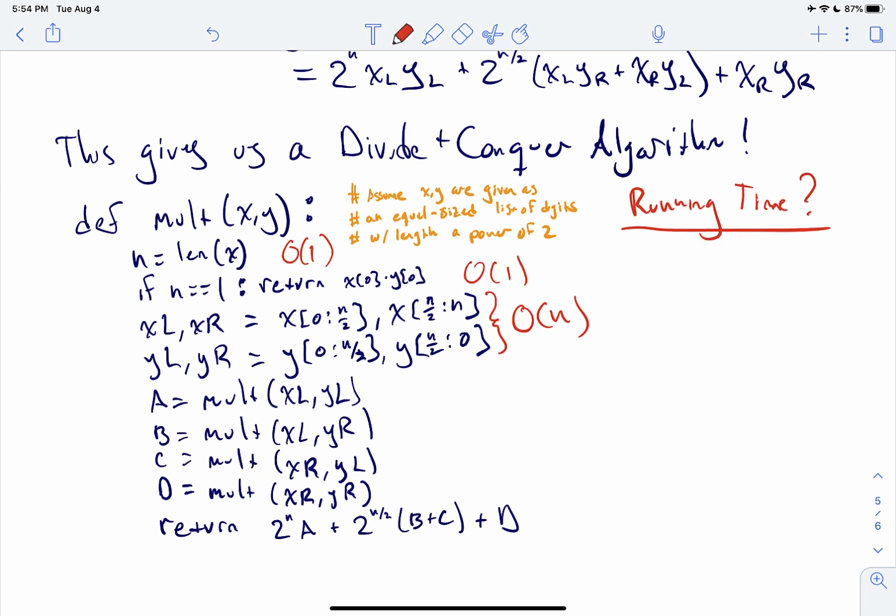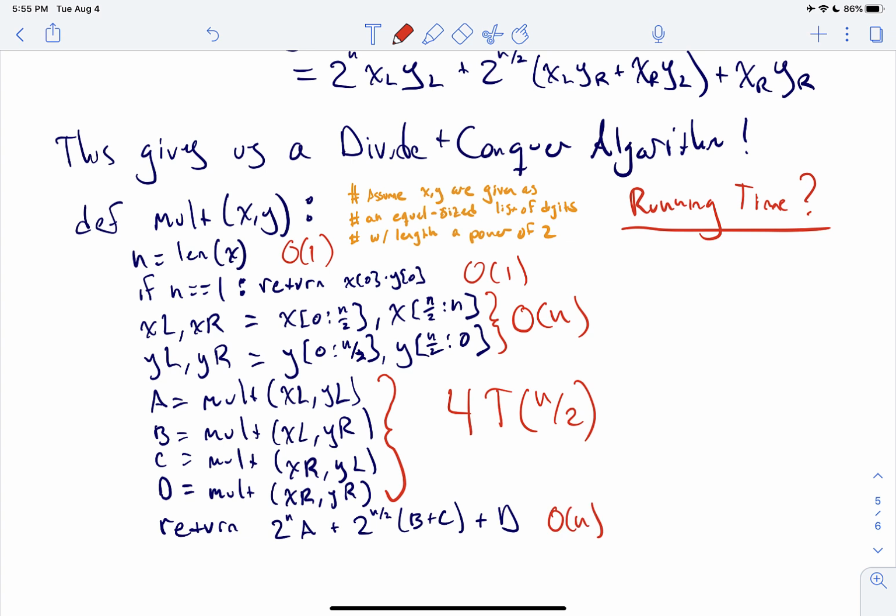The first few steps of this algorithm take no more than O of n time. However, then we make 4 recursive calls to mult. So we need to account for this by adding in 4 times T of n over 2, since all of these multiplications are of numbers of length n over 2.